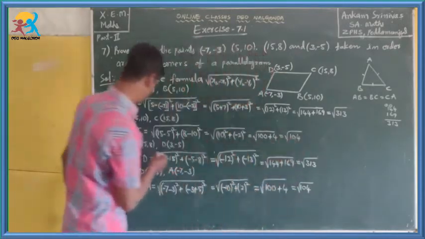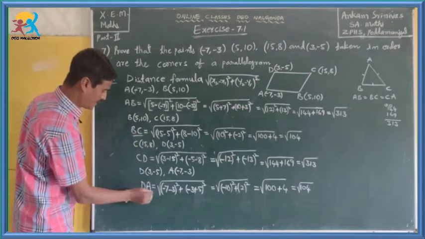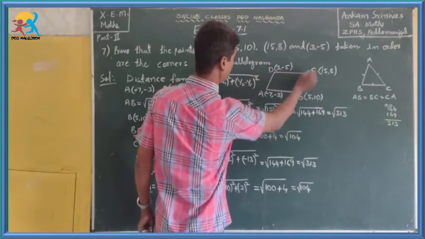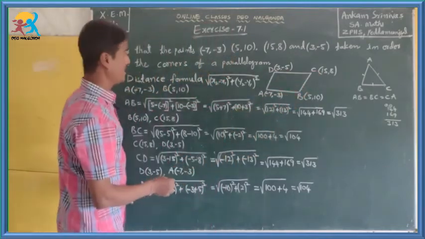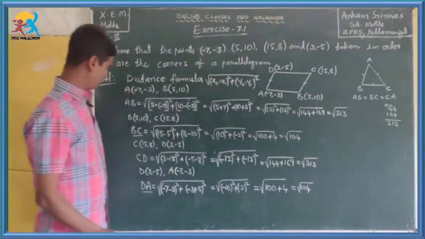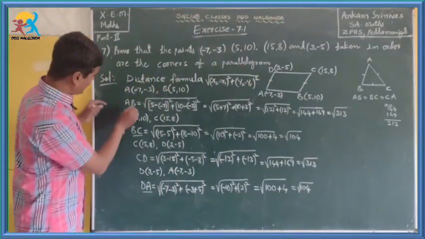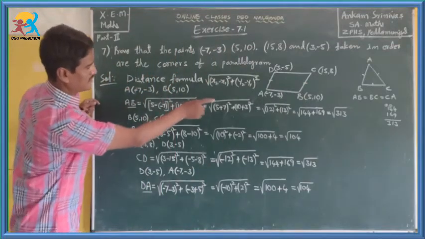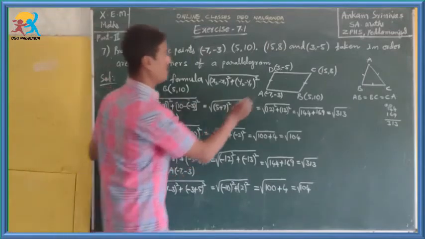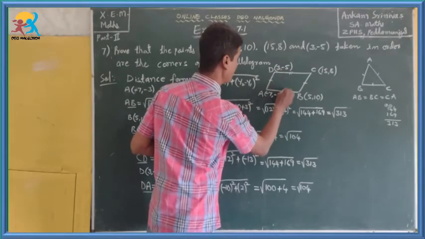Length of BC and length of DA are equal. And length of AB is 313, length of CD is 313. So these two are also equal.